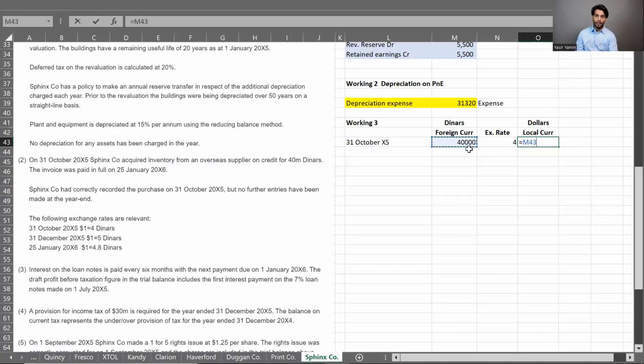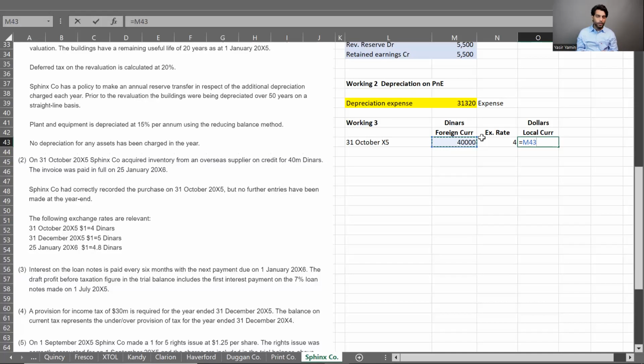If 40,000 are dinars, the dollar amount will be less. And if I want fewer dollars, do I divide or multiply? Ahmed, use your common sense. I have 40,000 dinars and I want to go to a lower dollar value. It's simple mathematics.